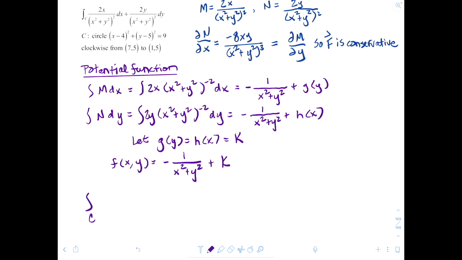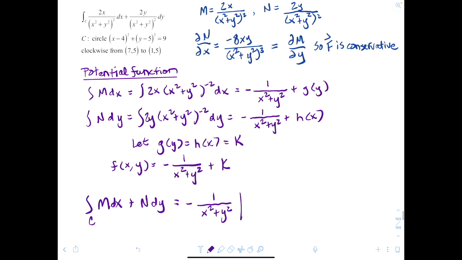Okay, so our line integral, I'll write it in the form it's in. Do you see it's in M dx plus N dy, which actually the other one was in as well. And so that's going to equal, we found our function of x and y, so that's going to be negative 1 over x squared plus y squared. Do you see the k would zero out, so we don't need that constant? And that's going to be evaluated. So we were going clockwise from 7, 5 to 1, 5.